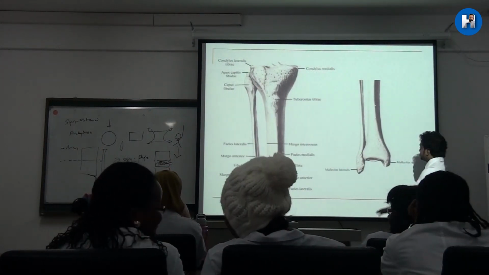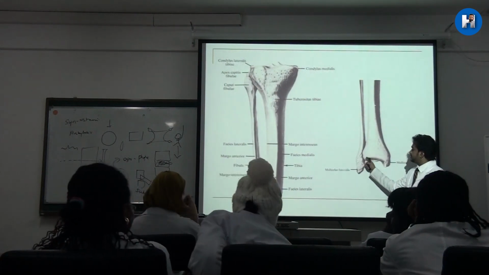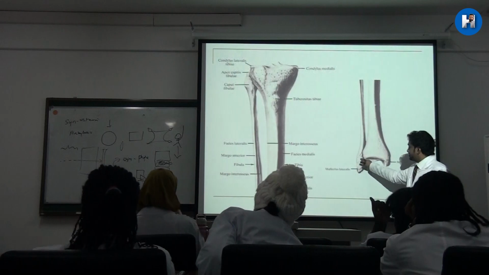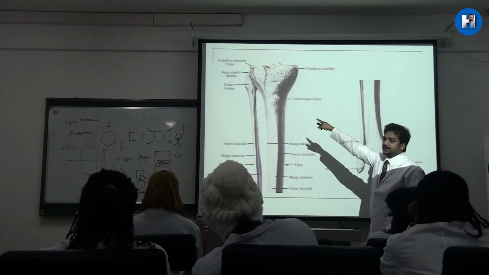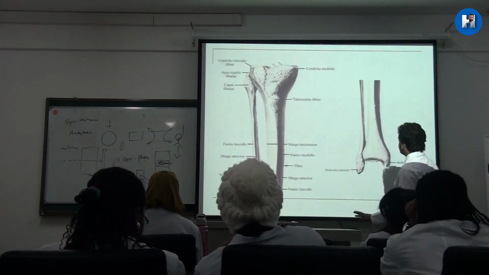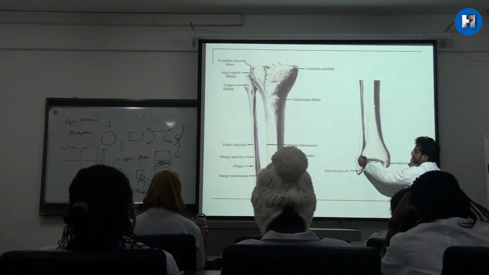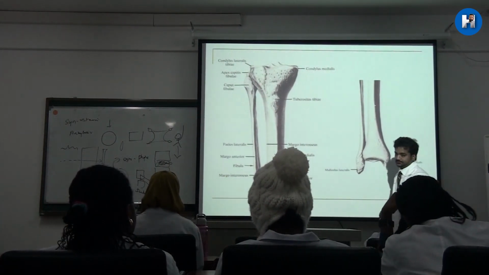Understood? So at the lower border, in the lateral surface, what will there be? Again, this is the inferior part. The upper part also has a facet where the head of fibula attaches. In the lower part, the fibula will attach over here, and inferiorly you will have the articular surface.